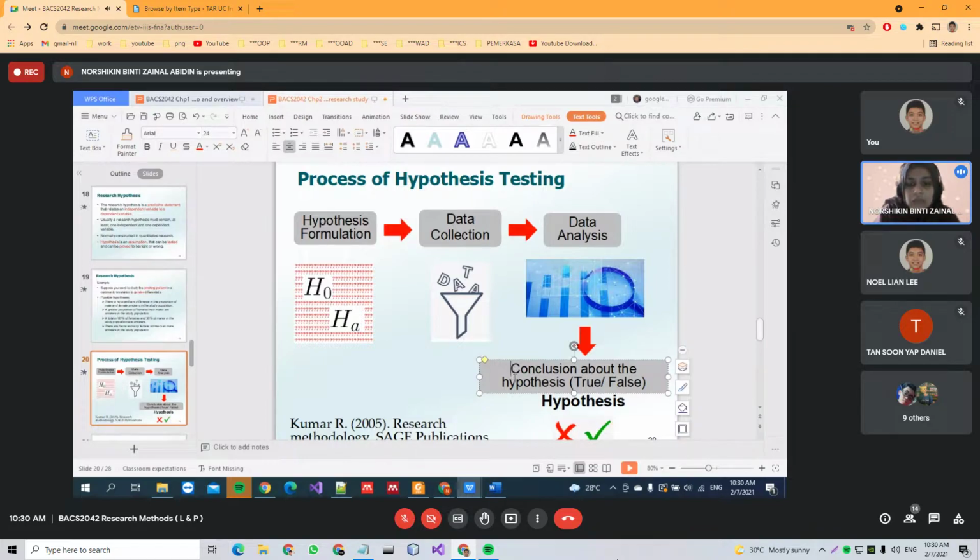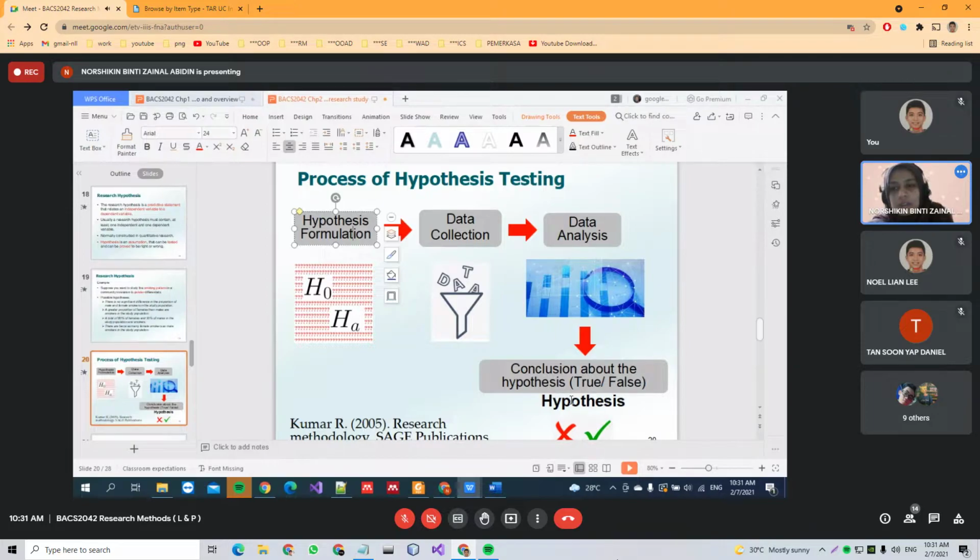Conclusion is about the hypothesis. Hypothesis is the assumption that you made in the early phase of your research. So you need to see from this data, is your hypothesis correct? Is the student performance affected by Facebook use or not? So your hypothesis can be true or false.